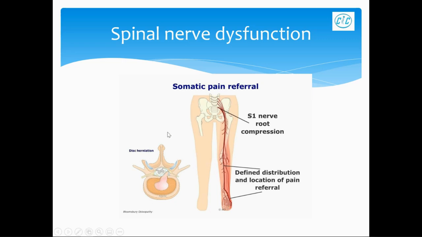This is the S1 spinal nerve, which is affected by a disc protrusion that is happening between the L5 and S1 vertebrae, which is the lower part of the spine.